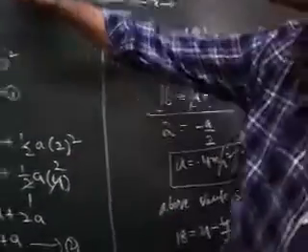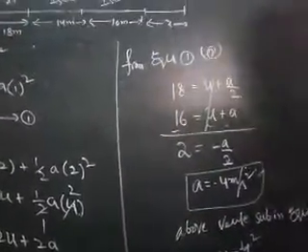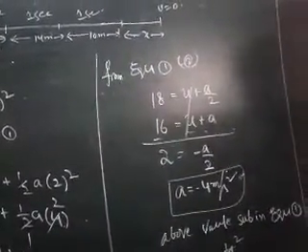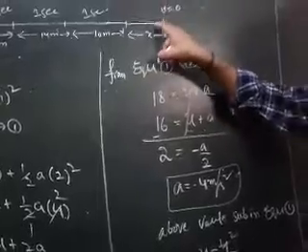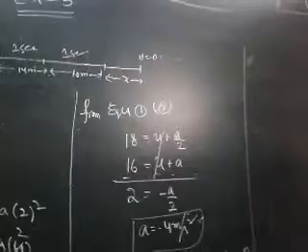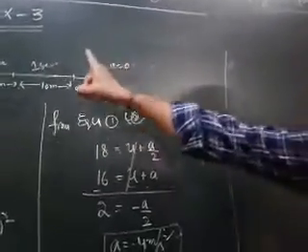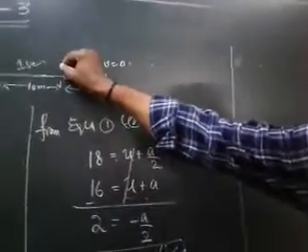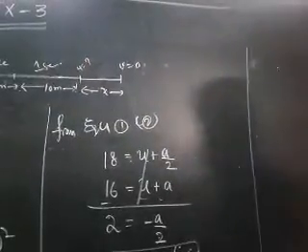This is the initial speed. And next, what is the distance covered in the last interval? That is, what is the speed of the vehicle at this point? We can find the speed, right?